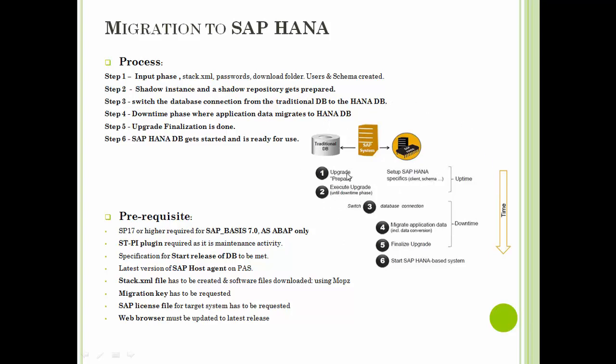So we have upgrade prepare, execute upgrade, and switching the database connection, actual migration of application tables, and then finalization, and then start to complete this activity as a whole.